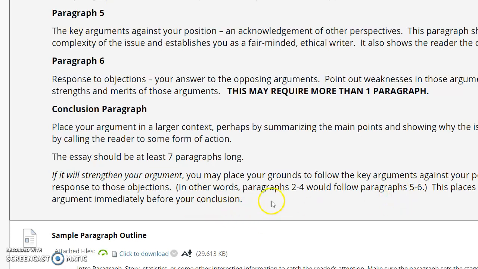So, in other words, paragraphs 2 through 4 would follow paragraphs 5 and 6, with your introduction and your conclusion remaining in place. So we will discuss this more as we look further into this assignment.